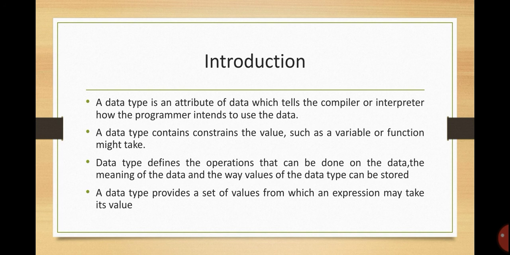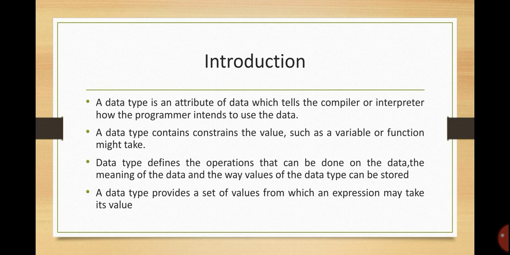For example, if you want to perform an addition, then you need to know what type of data you are dealing with, because it is not possible to add, let's say, a number and a sequence of characters. Let's say you want to add a 3 and a name of a person. That is not possible. So these data types define what operations can be done on the data and the meaning of the data.